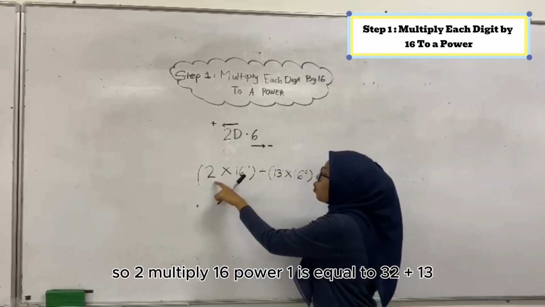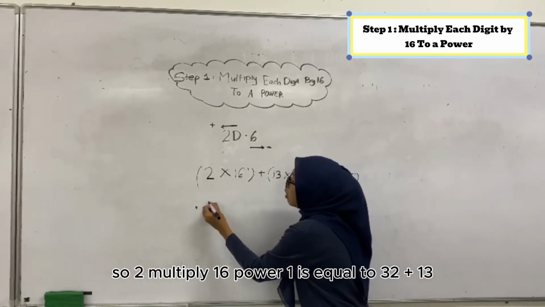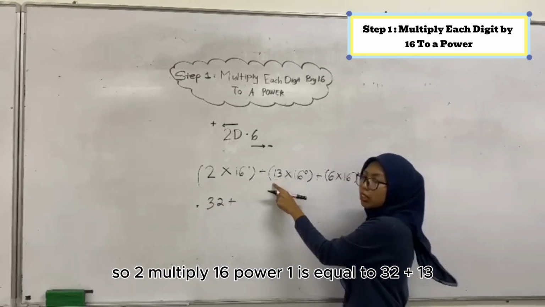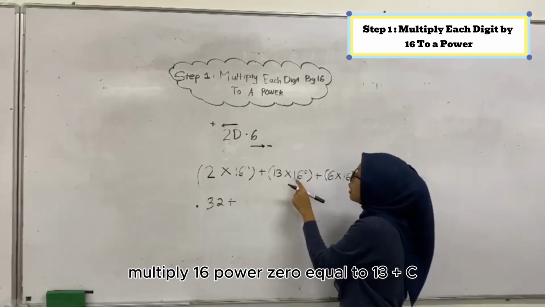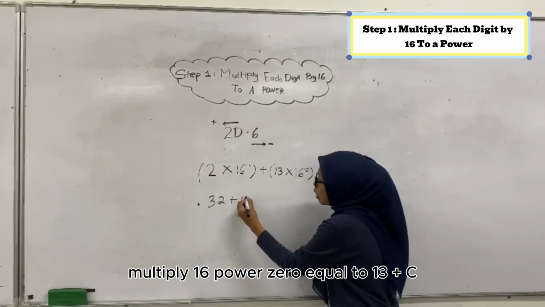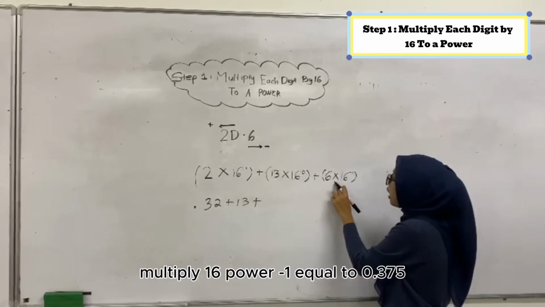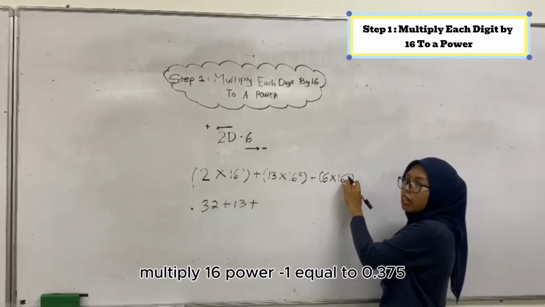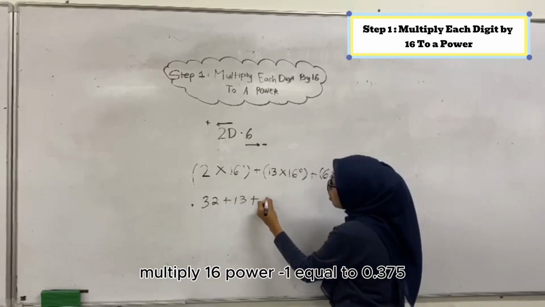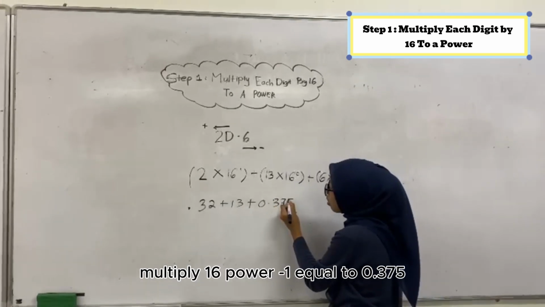So, 2 multiply 16 power 1 is equal to 32, plus 13 multiply 16 power 0 equal to 13, plus 6 multiply 16 power negative 1 equal to 0.375.